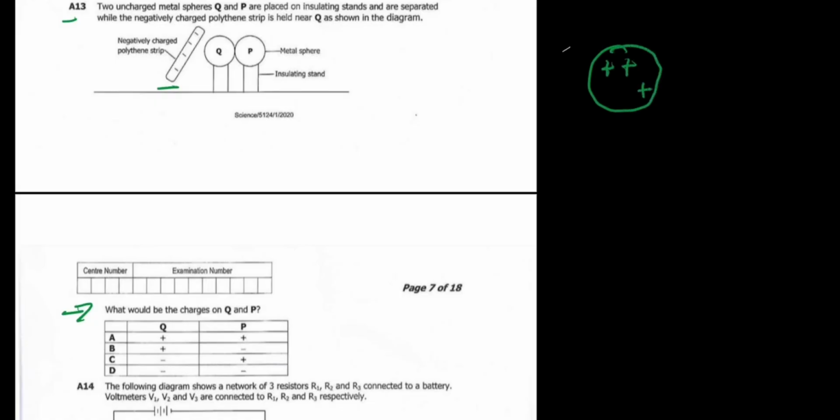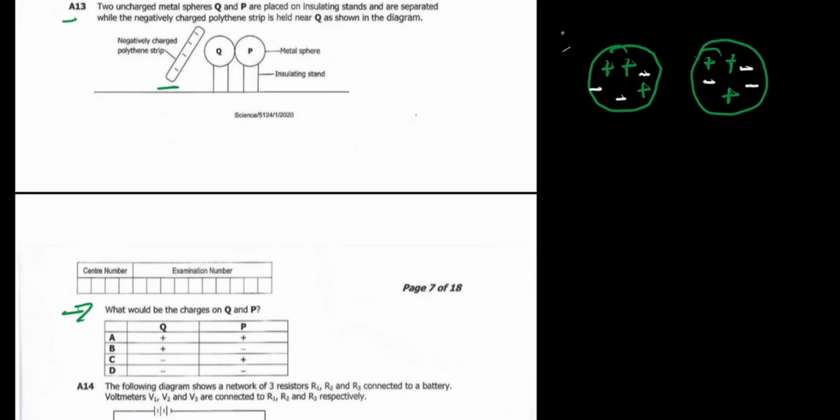So positive charges, and also let's write negative charges like this. The same is true for the other sphere. So even for this one, you have positive charges in it and also negative charges in it.